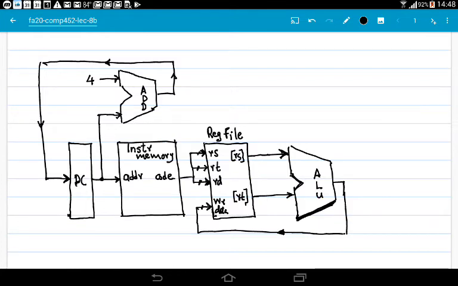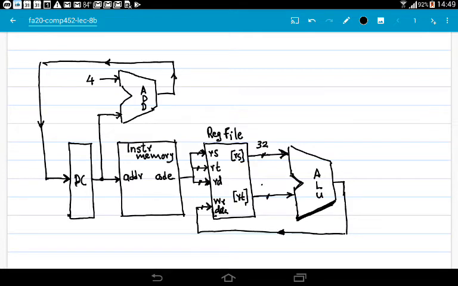Now it's very important that you should know how many signals are contained in one line. For example, this one line is 32 signals.